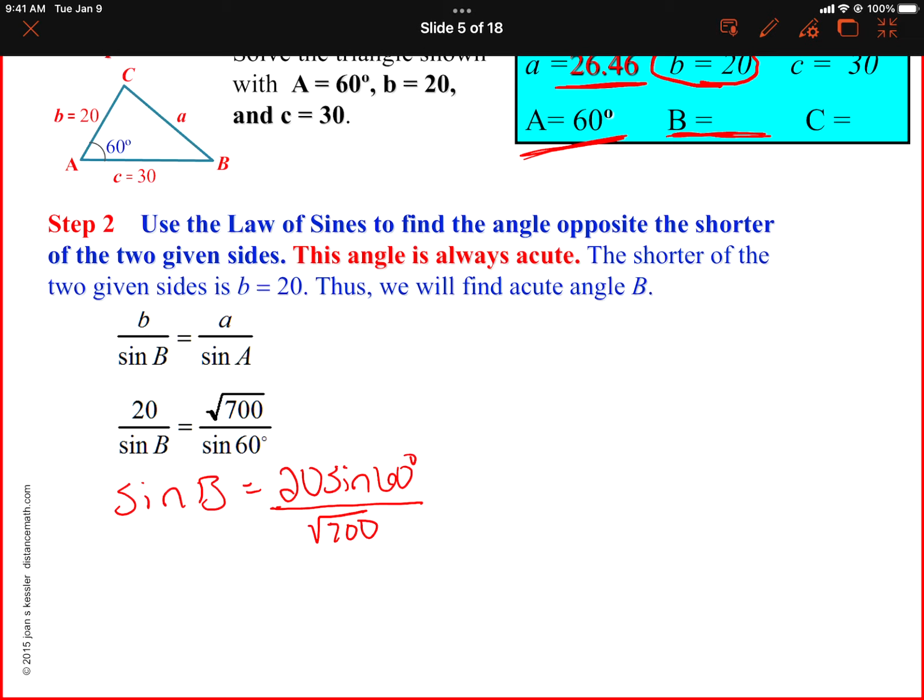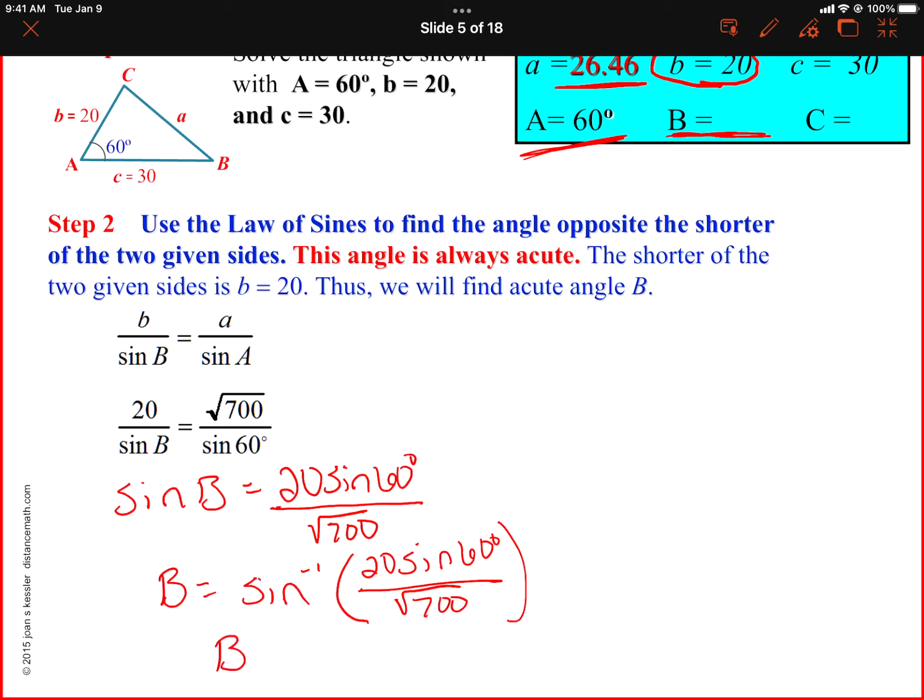And remember, because I need B, it's an angle, that's when we do our inverse sine. So B is going to equal the inverse sine of 20 sine of 60 all over the square root of 700. Plug that into your calculator so that you can see what your angle is going to be. For our B, I got 40.89.